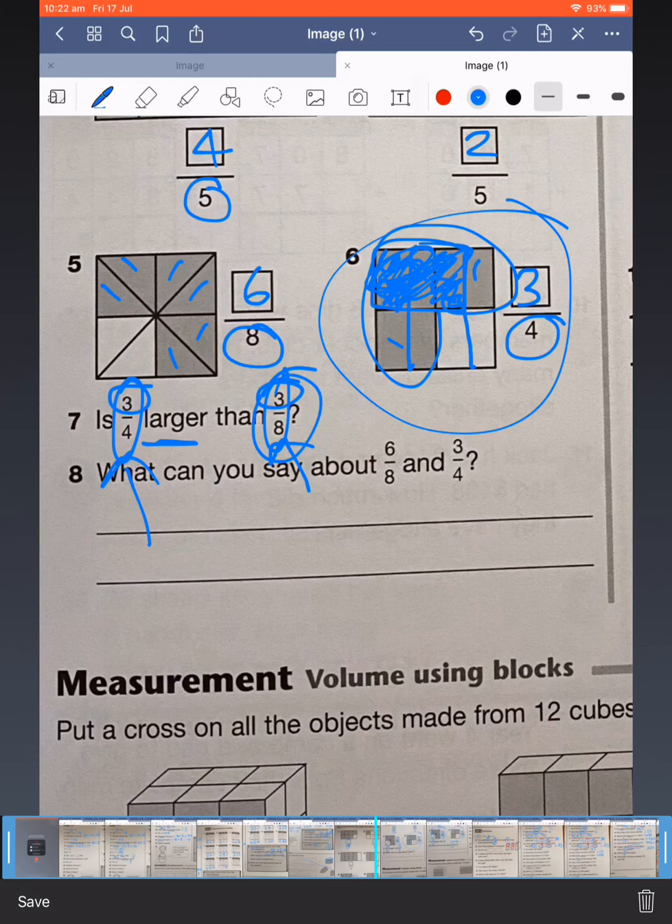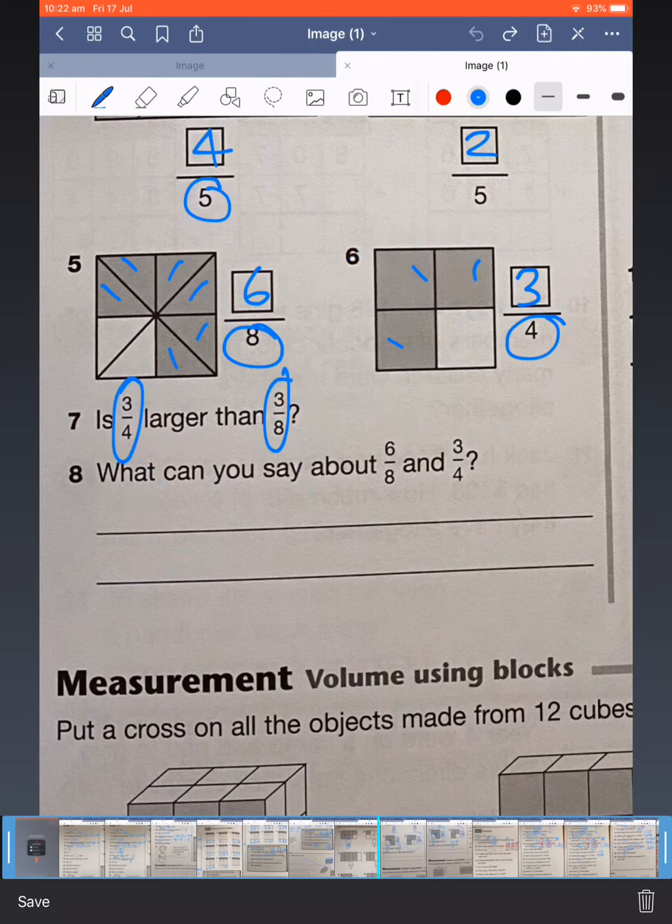So if we look here, each 8th part is smaller than this part, even though this is 4. So if you've got a smaller denominator, the section is actually bigger, whereas the bigger the denominator, the smaller the section or the part is. Okay, very good. So the answer is 3/4 there.